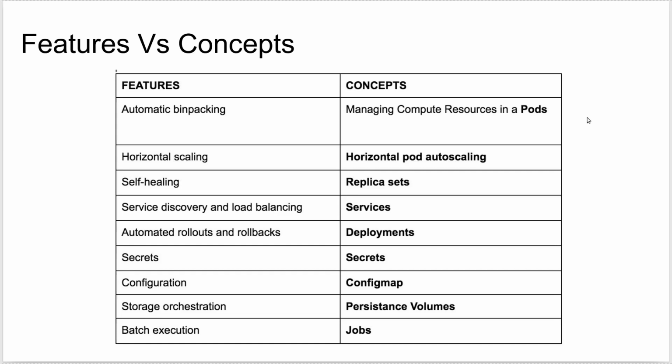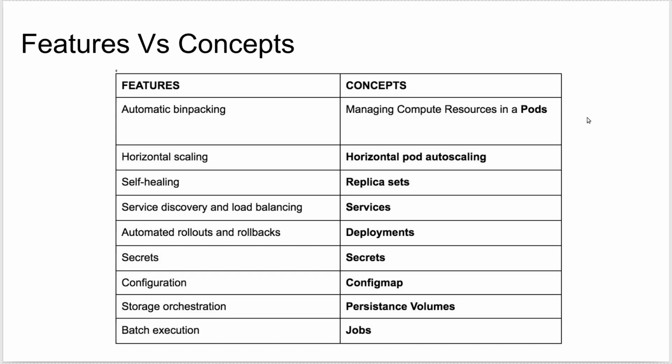Horizontal scaling, we have pod auto-scaling. So we have the same capabilities we see in the cloud, like when we are using AWS, we use resources like auto-scaling groups and elastic load balancers, where we can scale our nodes as we need. And in Kubernetes we have the same deal. So basically we can scale, and this is pod auto-scaling.